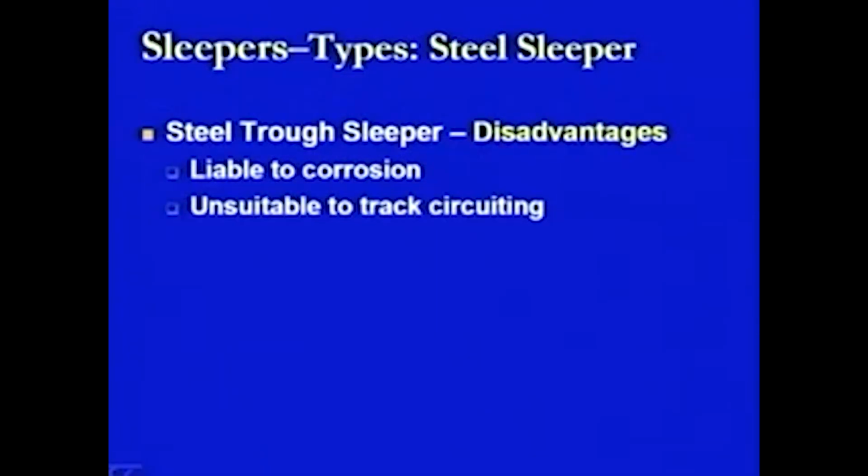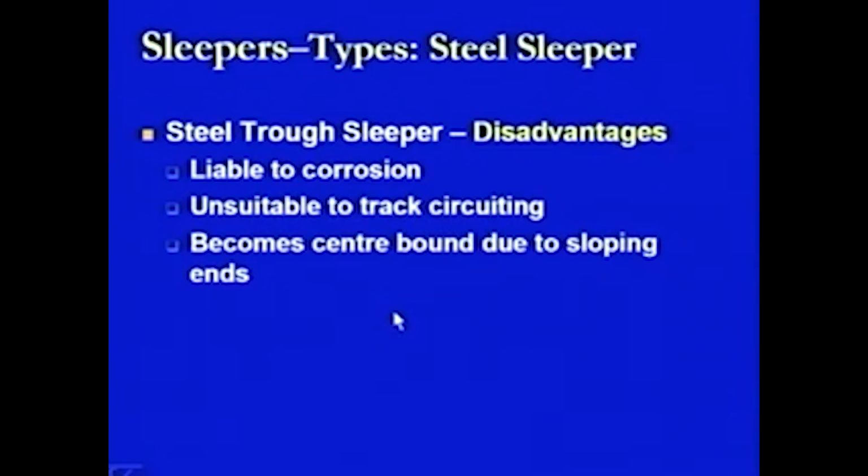So, if we are providing steel sleepers at those locations, then they are liable to get corroded, and if they are getting corroded, then the lifespan will get reduced. They are unsuitable for track circuiting because of the chances related to the electric currents being passed into the metal.